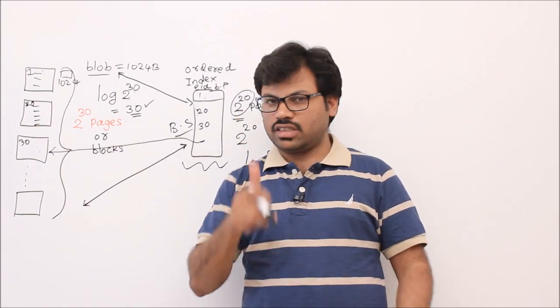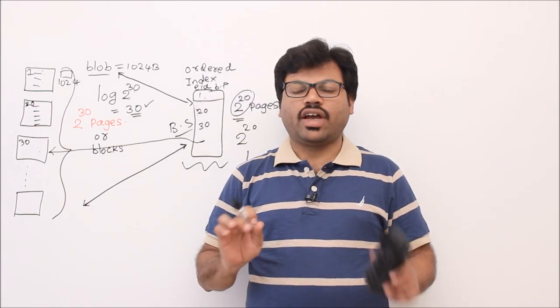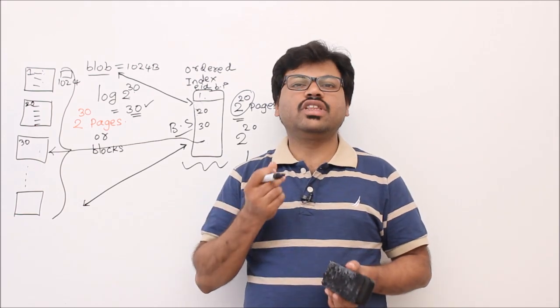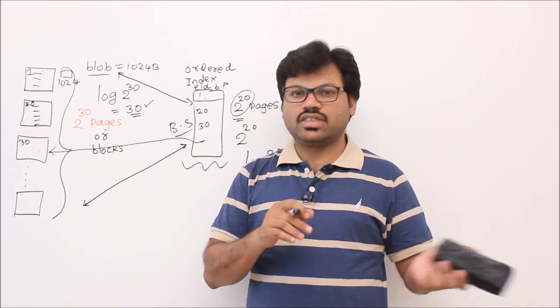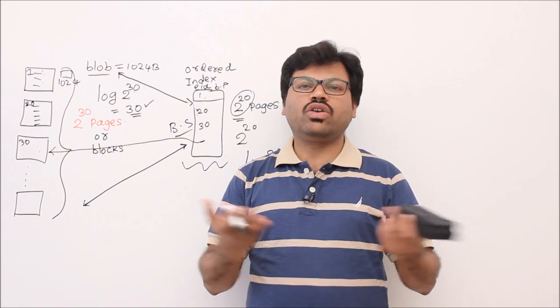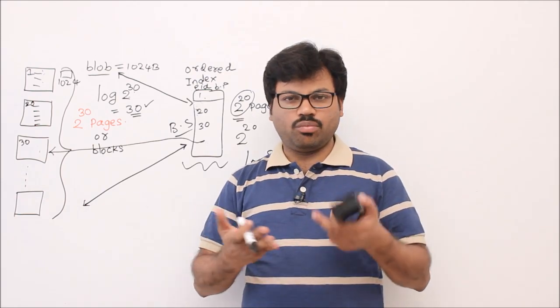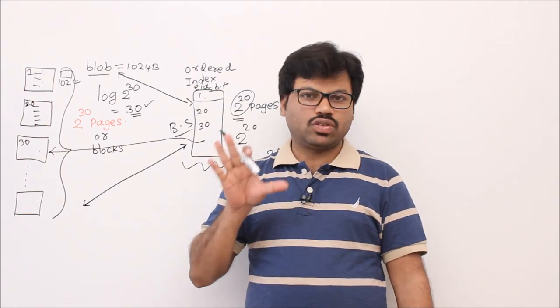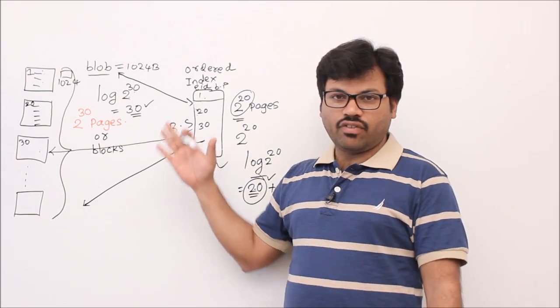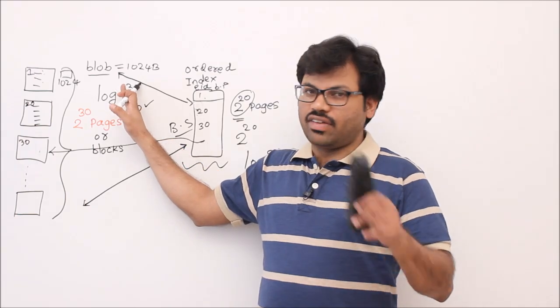Remember one thing as a thumb rule: our indexing goal is that within 5 block transfers, or 3 block transfers, in a range of 1 to 10, you should be able to search a file, however big it is. That is our goal, right? We can achieve it after learning multi-level indexing.